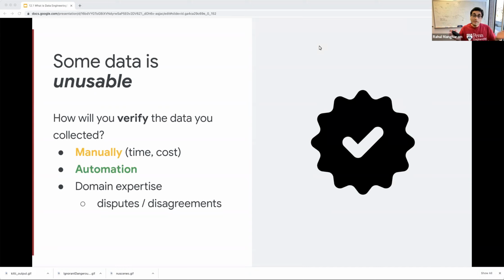Well, does everyone agree with that particular person's way of labeling, or is there some nuance to the way of labeling that's supposed to be slightly different? That might lead to disputes or disagreements, and you've got to be careful about that. I know this sounds like a lot, but it's true. It's a lot of work, and that's why most people don't talk about the data set. But actually, data engineering for data sets is extremely important, and very useful to know.